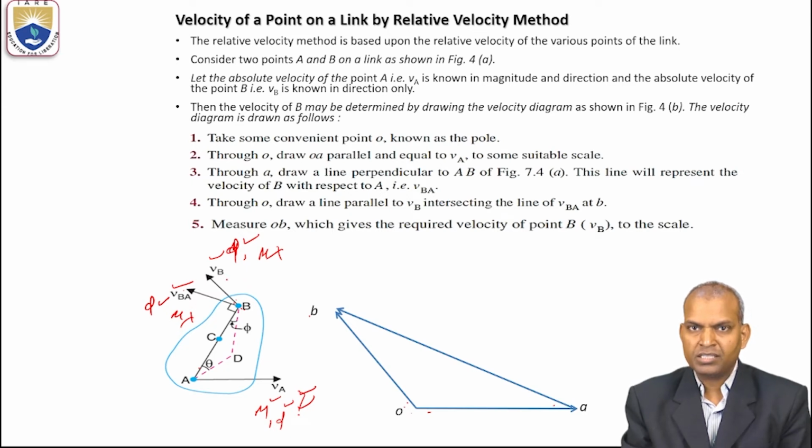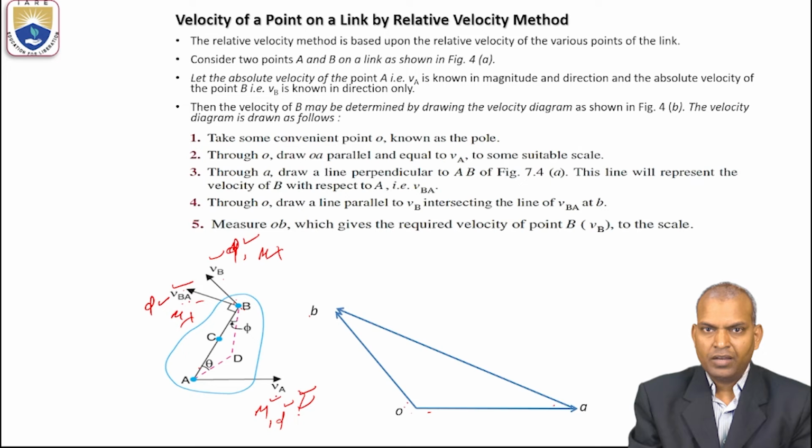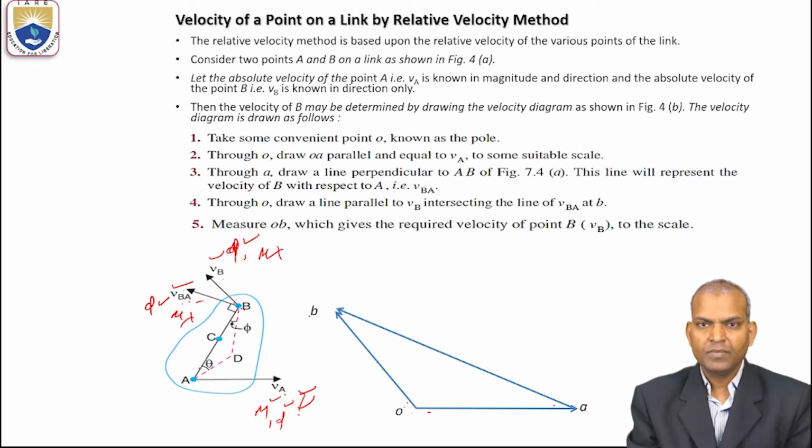Velocity of B means absolute velocity with respect to the reference point O. Velocity of BA means velocity of B with respect to A, that is in relation to A. Velocity of A means it is absolute velocity, with respect to point O, that is a reference point.